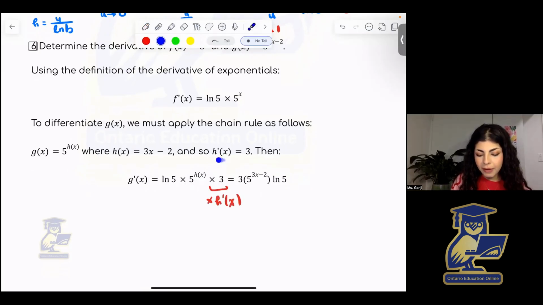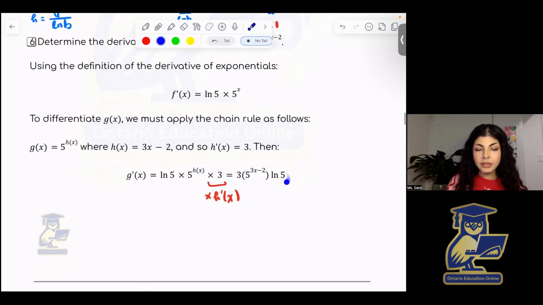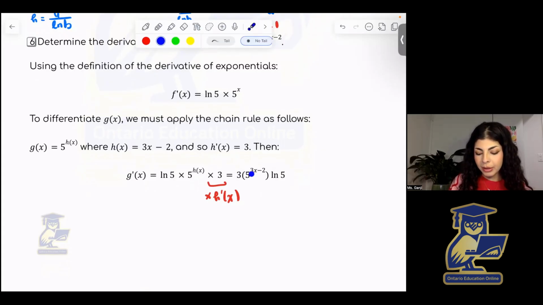And here we found that h prime of x, the derivative of the exponent 3x minus 2, is just equal to 3. So that's that 3 over there. And then just rewriting this to have it look a little bit nicer, we have 3 times 5 to the power of 3x minus 2, and then that natural log of 5 there.